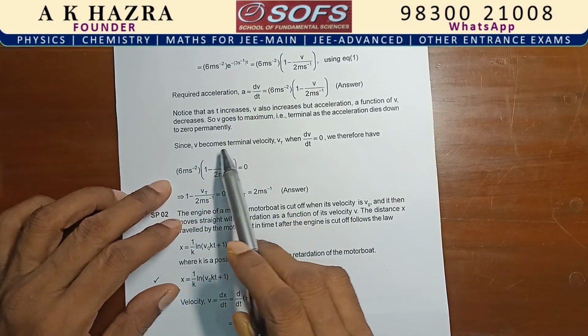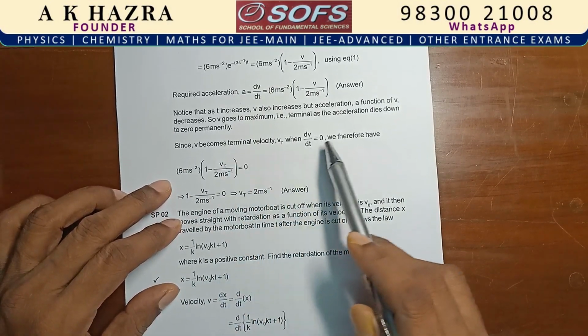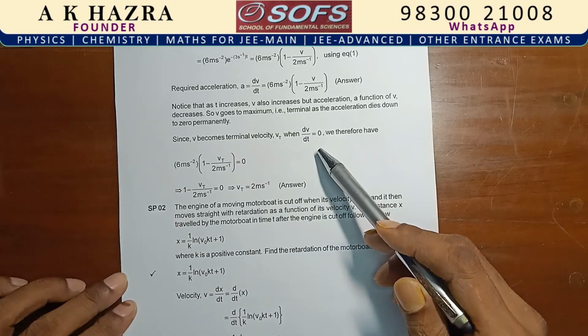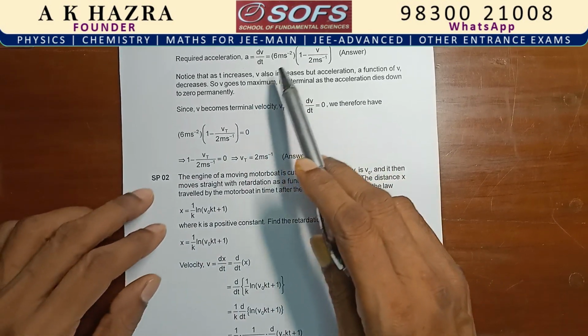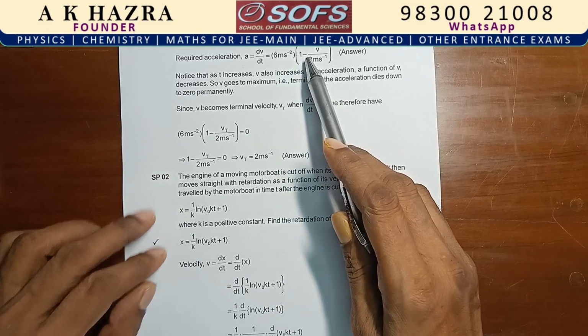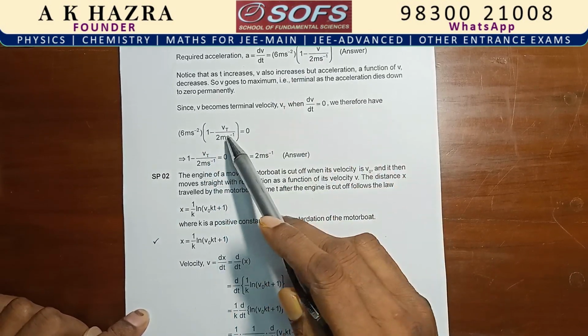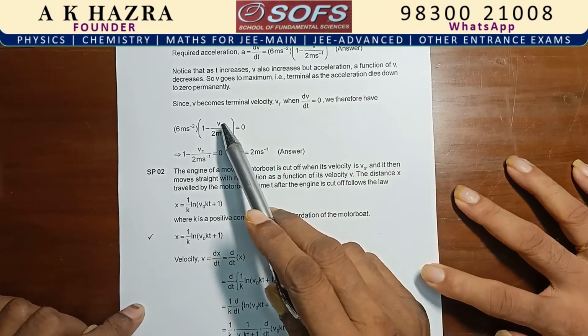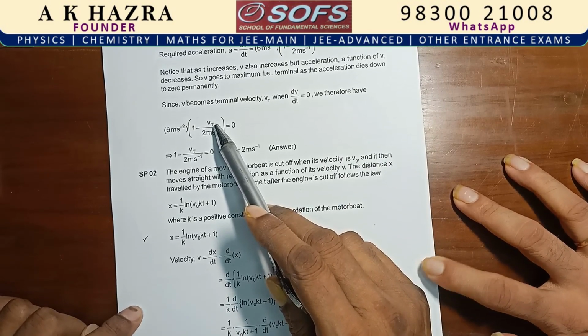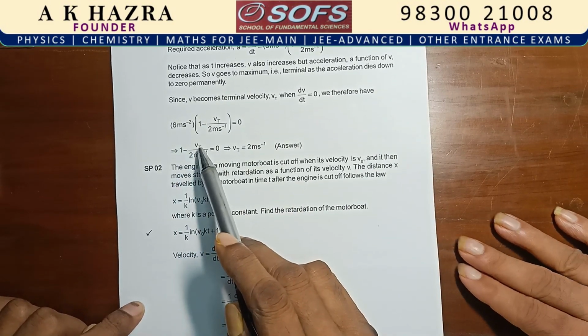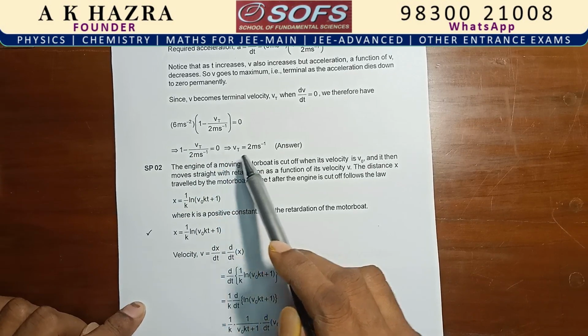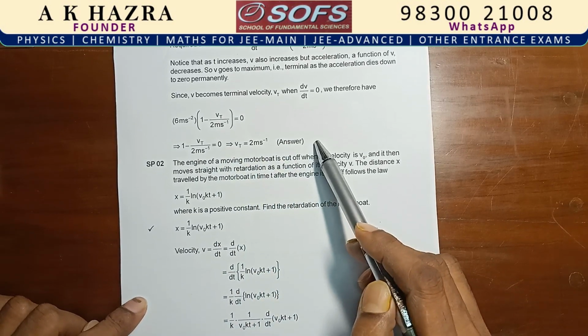So v becomes maximum, that is terminal, when dv/dt equals 0. So we therefore have 6 meter per second square (1 minus v by 2 meter per second) equals 0 when v is equal to vt. vt is the terminal velocity. So 1 minus vt by 2 meter per second equals 0. So we have vt equals 2 meter per second.